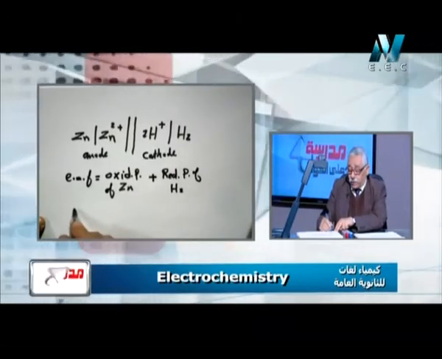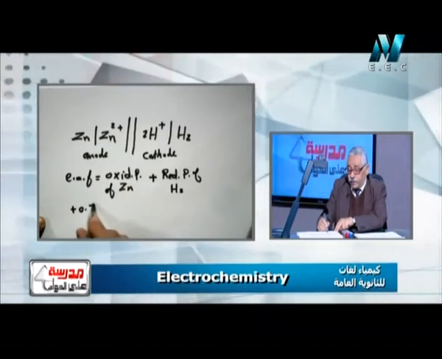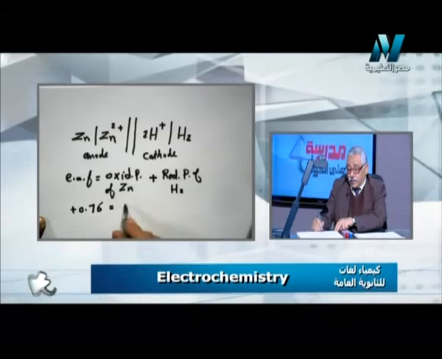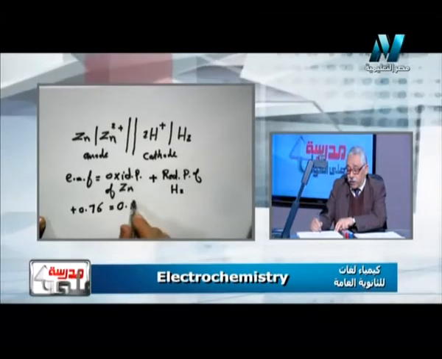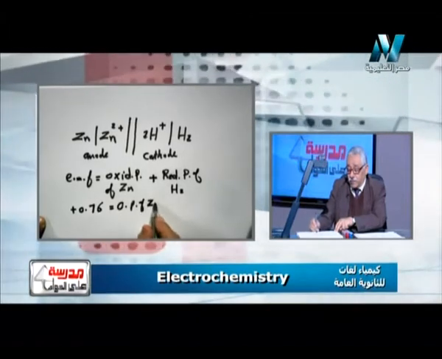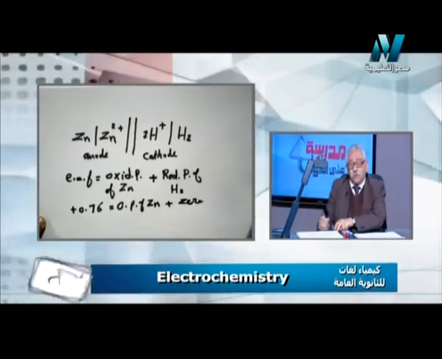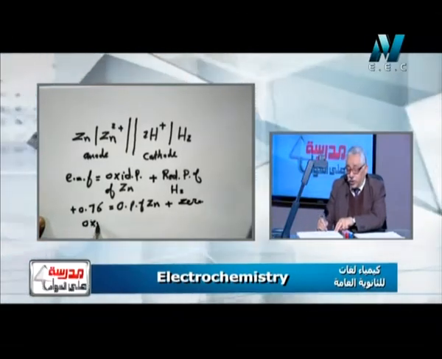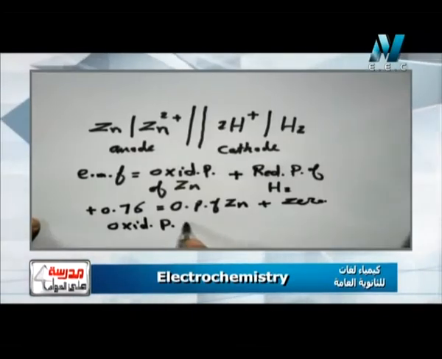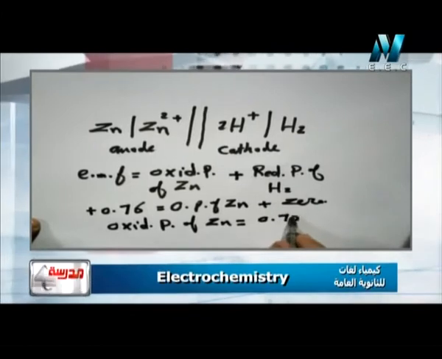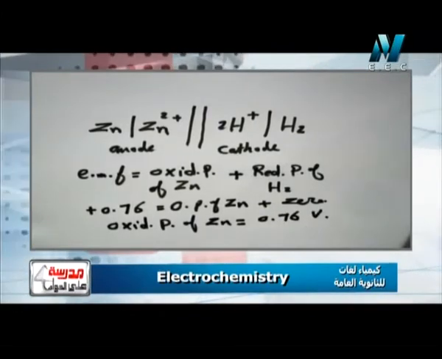EMF equals positive 0.76, which equals the oxidation potential of zinc plus 0. So the oxidation potential of zinc equals 0.76 volts. This is how to get the oxidation potential and how to write the expression.